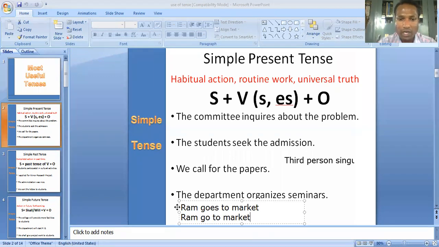There is only one Ram, and that Ram is singular. Is it? Ram is the subject and it is singular. That's why Ram goes to market. That is the right sentence. First sentence is right, second sentence is wrong. You got the point?